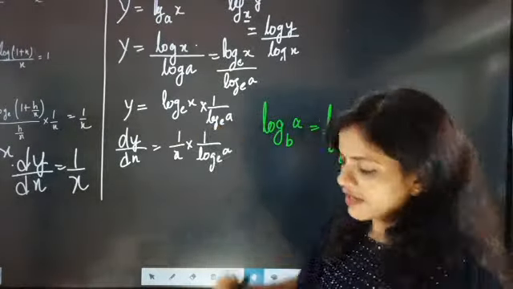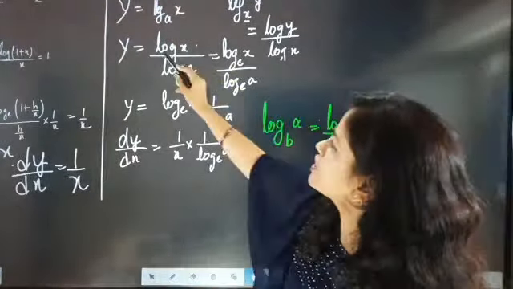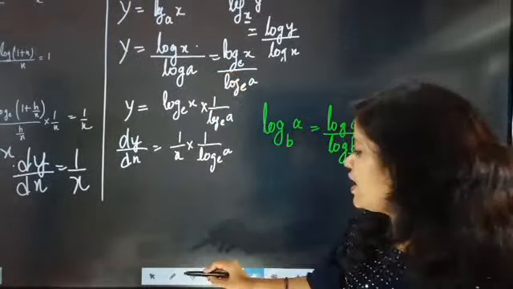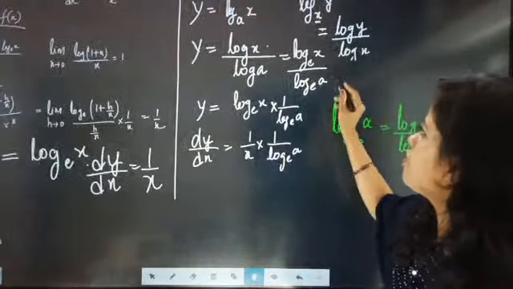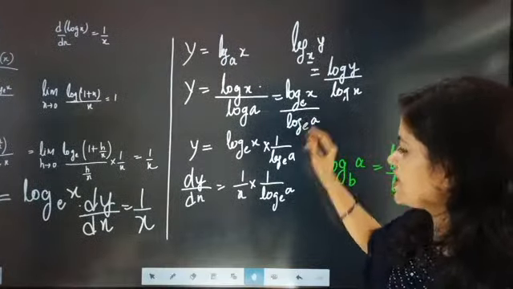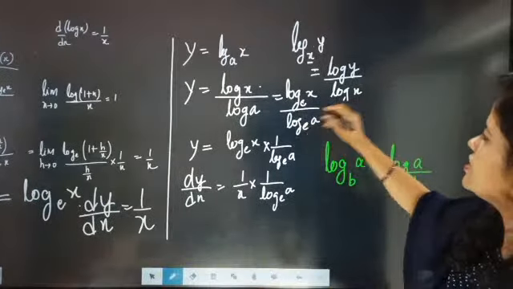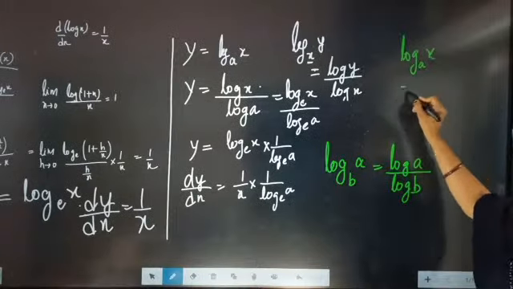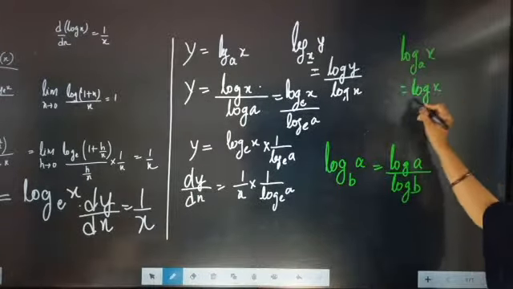So the same work I have done here. Log base a of x becomes log of x by log of a. And after getting log of x by log of a, how have I written e here? Once I got log base a of x, first I split it as log x by log a.